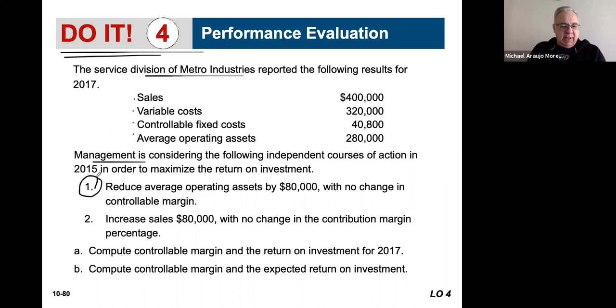The first thing they are considering is, what if they reduce average operating assets by 80,000? No change in the controllable margin. And two, what if they increase sales by 80,000 with no change in others? So these are the things we're going to have to compute. Compute the controllable margin for 2017, and then compute the controllable margin and expected return on investment.